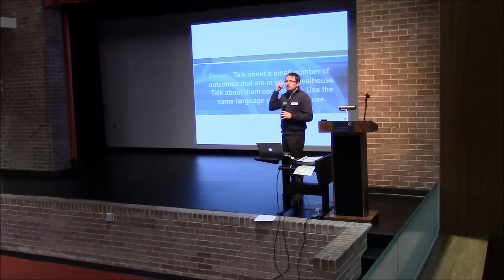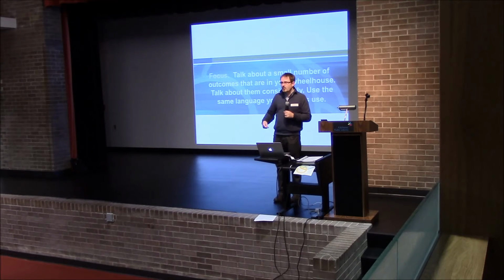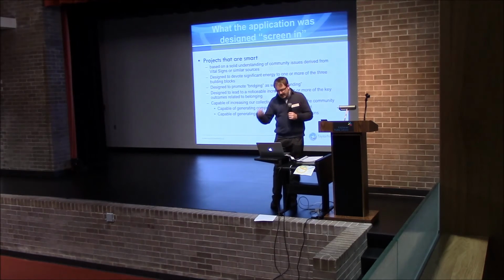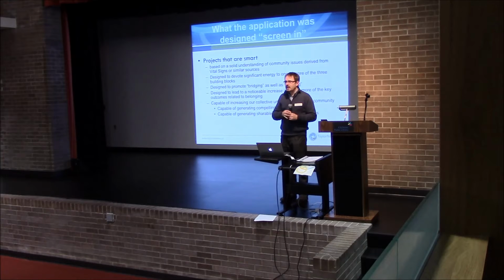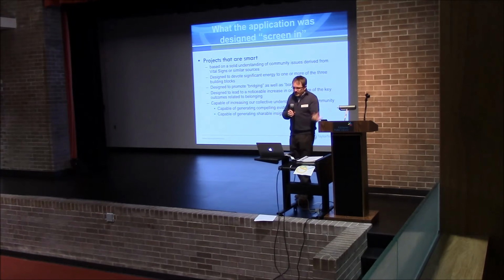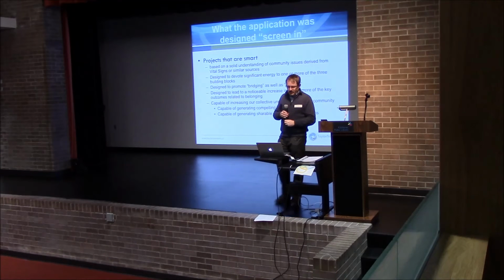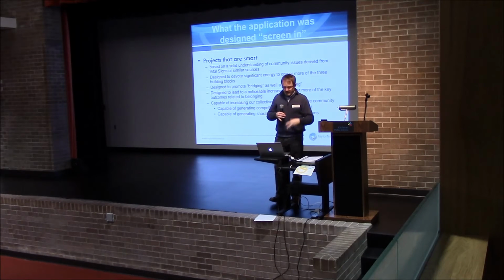And I think that the Community Foundation has given you a number of cues around what they're looking for, right, around focus. They talk about projects that are smart and projects that are caring. You've seen that language before, so I won't go into it a lot. That's on their website too, right? They're based on solid understanding of community issues. They devote significant energy to the building blocks of belonging.